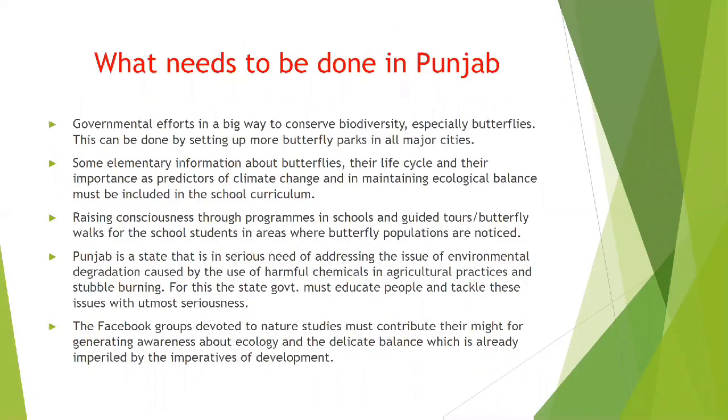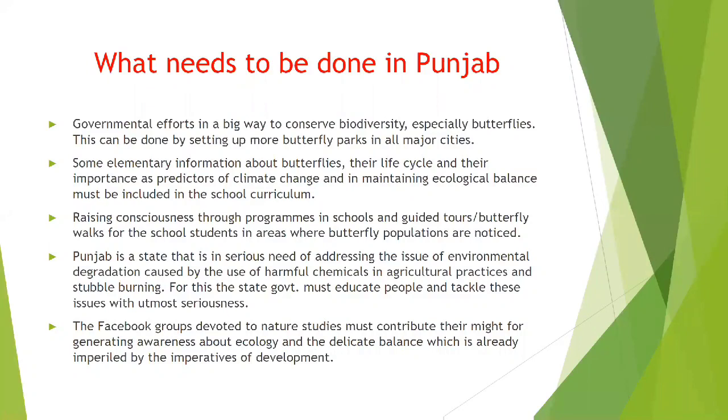The next, what has to be done? There is obviously a lot more that can be done and should be done. Governmental efforts are lacking. Governmental efforts in a big way to conserve biodiversity need to be made, especially in the field of butterflies. This can be done by setting up more butterfly parks in all major cities.